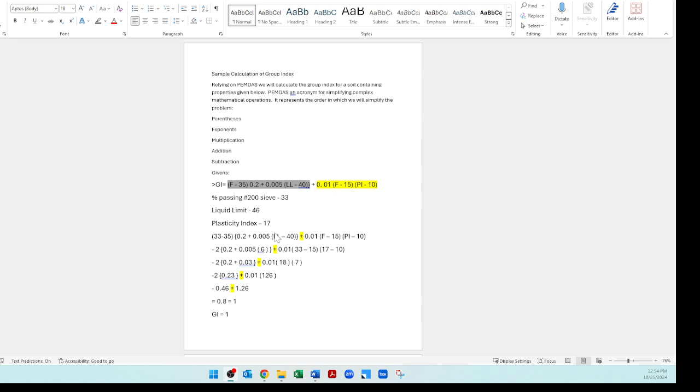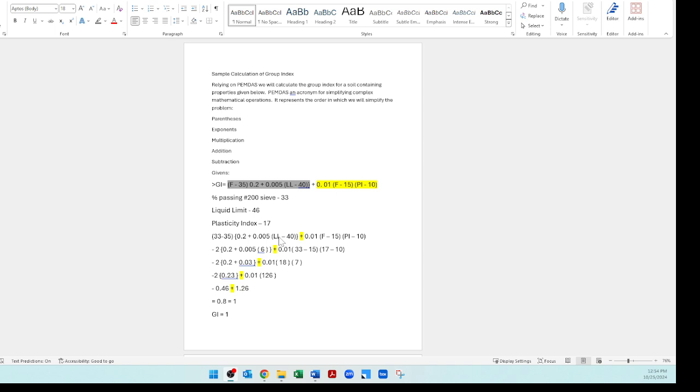Well, I will do it. We can do that in our head. So if I put 46 right here for the liquid limit, and that's given right here, minus 40 is 6. And now you go down past all of these engineering properties back to our problem that has values.